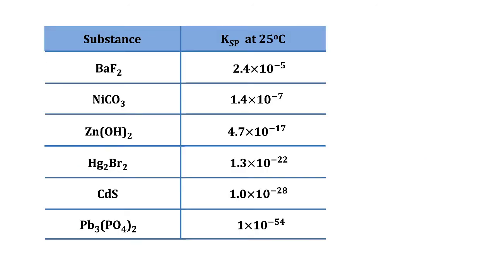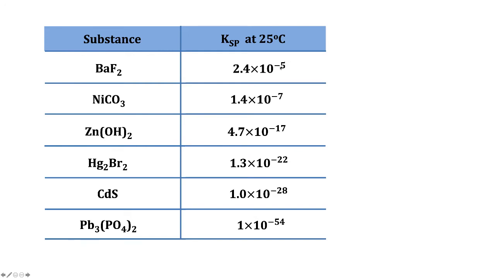Now, all ionic compounds can have a determination of an equilibrium constant value. Here are some examples: barium fluoride, nickel carbonate, zinc hydroxide, mercury bromide, cadmium sulfide, and lead phosphate, and their K sub SP values at 25 degrees are shown. Notice there's a pretty big range.